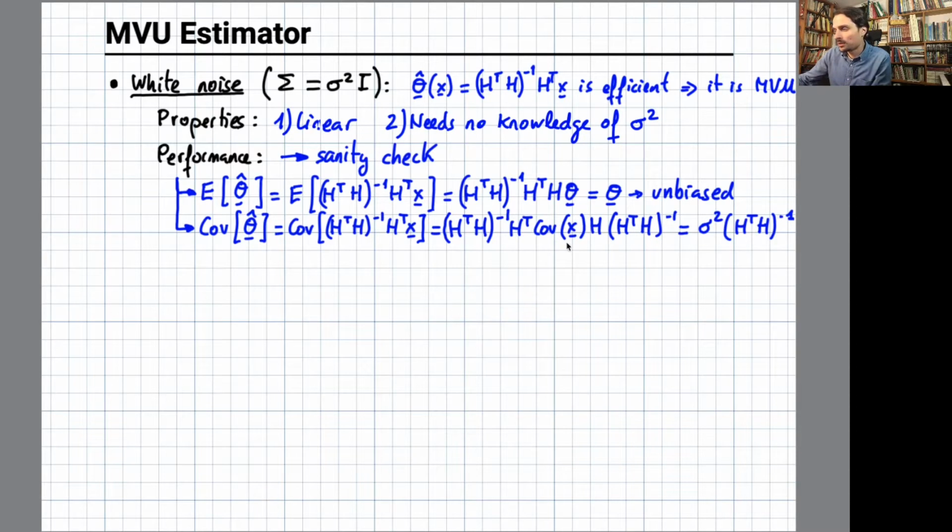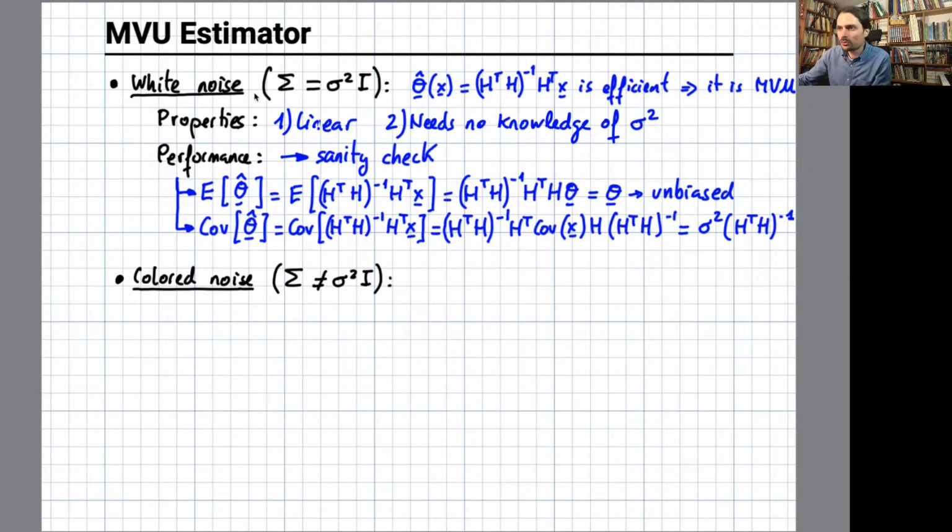And using the fact that this covariance is sigma square I, we find this, which is precisely the inverse of the Fisher information matrix, as we expected. So everything looks good so far.